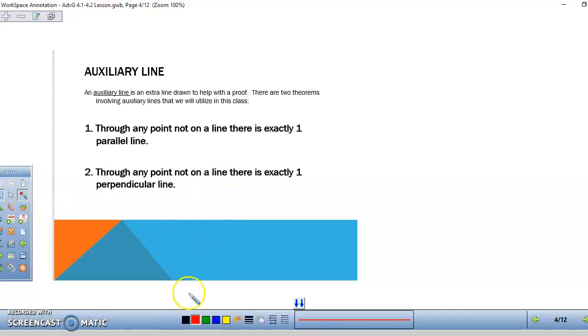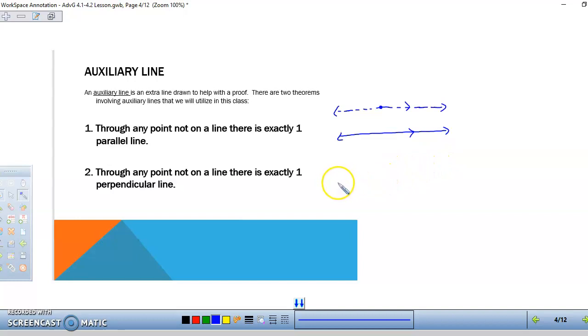So basically, if you have a point and it's not on a line, and those two things are given to you, there's exactly one parallel you can draw that'll go through that point. And then that would make these parallel. So if you are given a point and a line, there's exactly one parallel line that'll go through that point.